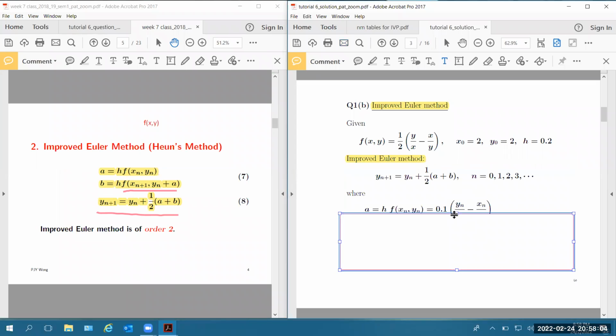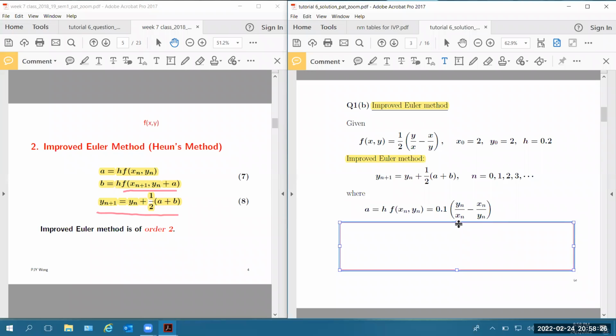So first we need to write down the method, right? Now, this is the method. Okay, that's equation A. Then of course we need to write down our A. And see, this is our A, right? H times f(xn, yn). So you put in your H, then your x substitute xn, your y substitute yn.